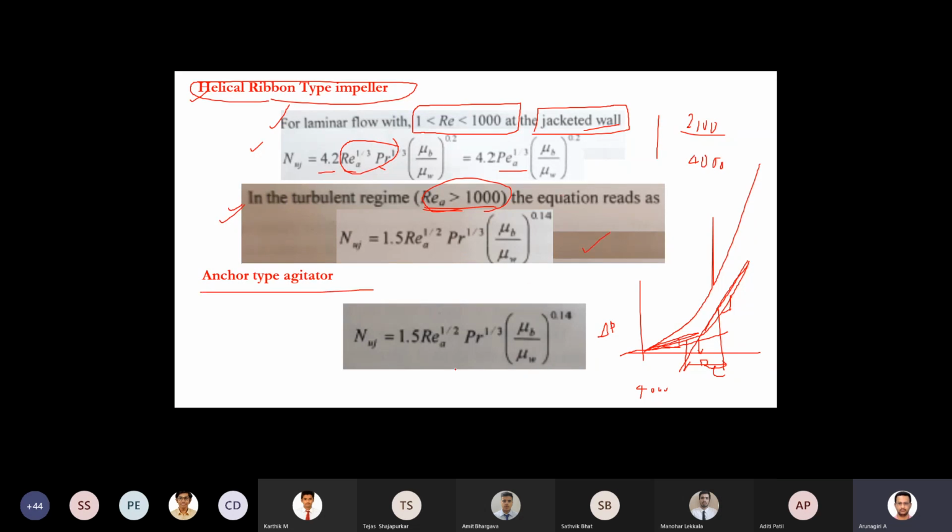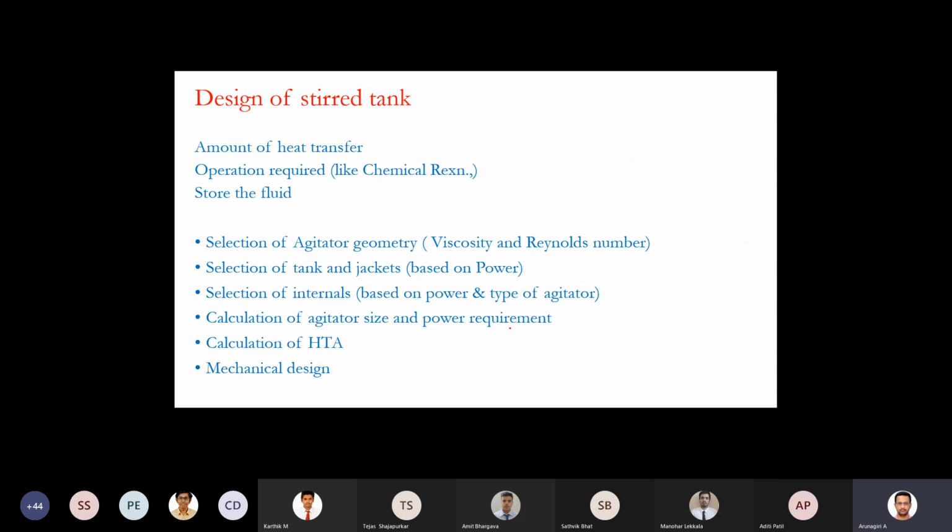Similarly, for an anchor type agitator, this is the equation. So we have many correlations to calculate the heat transfer. So how can we design these stirred tanks? That's the idea. We know the amount of heat transfer, or for what purpose they are operating the stirred tank, whether it's a chemical reaction or storing the fluid.